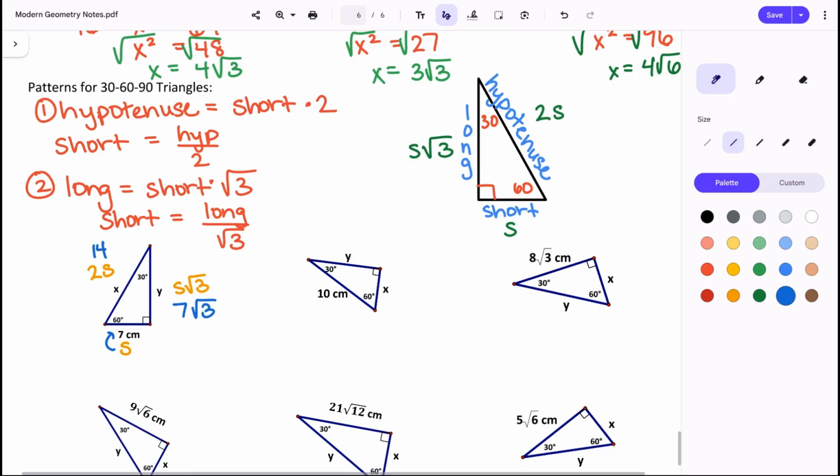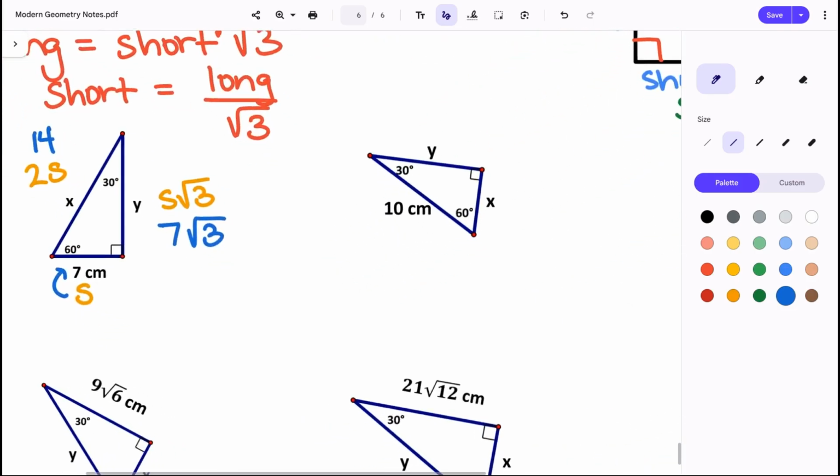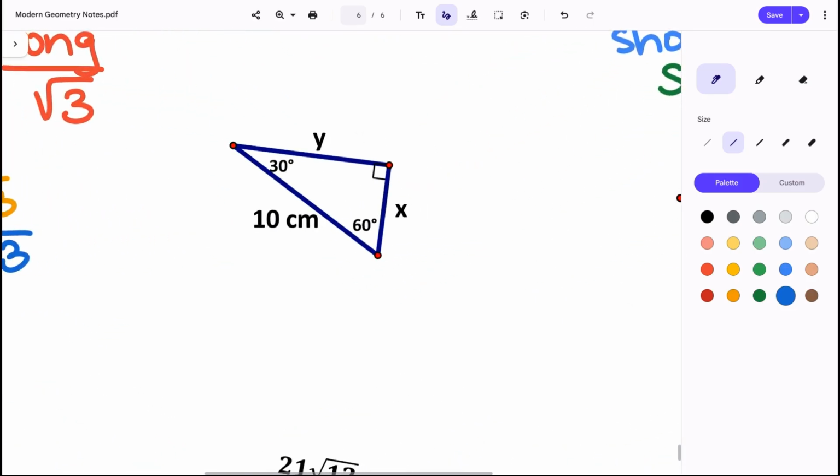Okay, so look over here at this next one. What side are they providing us with? The hypotenuse. And what do we say the hypotenuse was always labeled with? 2S. So what should I label the X side with? S, and then that means Y has to be S square root of 3. Good.